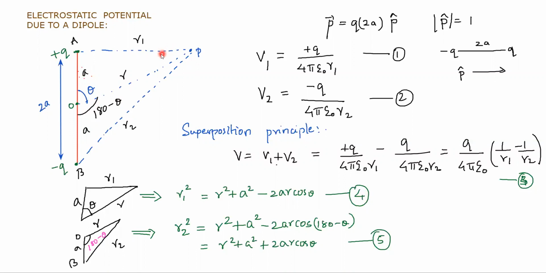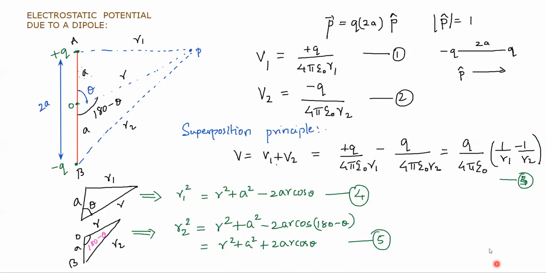So that circle on the cone will be an equipotential surface. Equipotentials are special surfaces in the subject of electrostatics. We will learn about equipotential surfaces separately, and after learning them, we can come back to this example of the dipole.